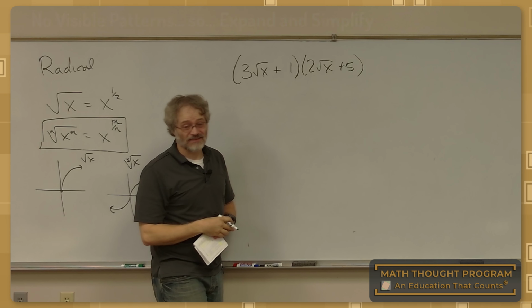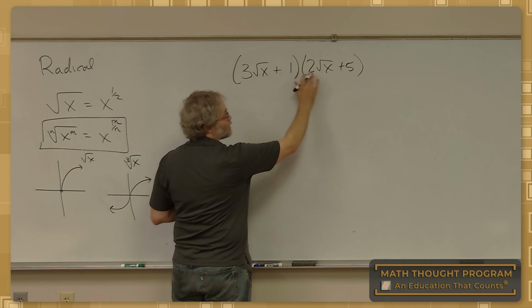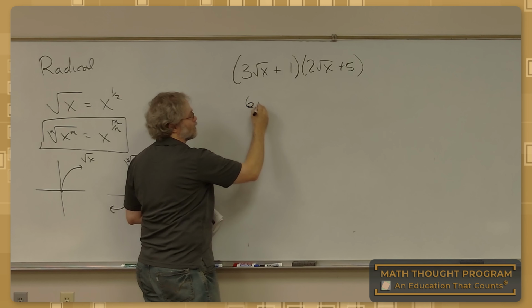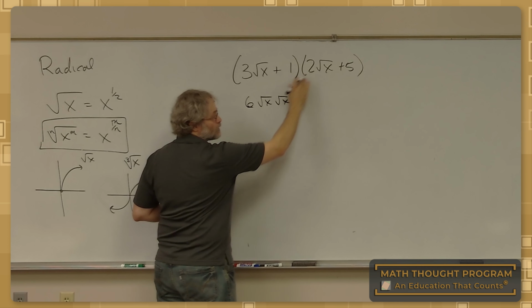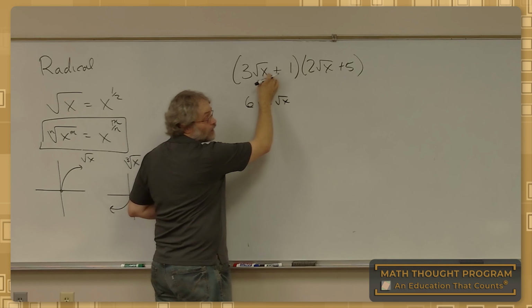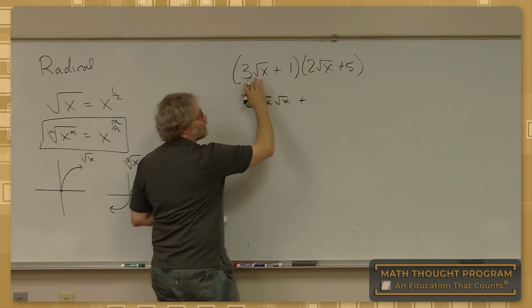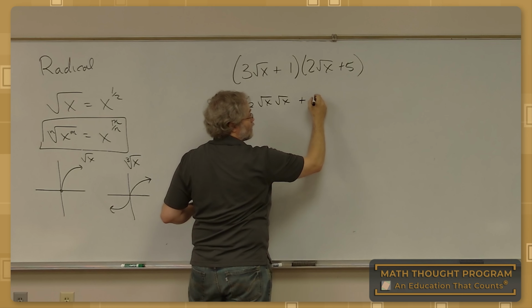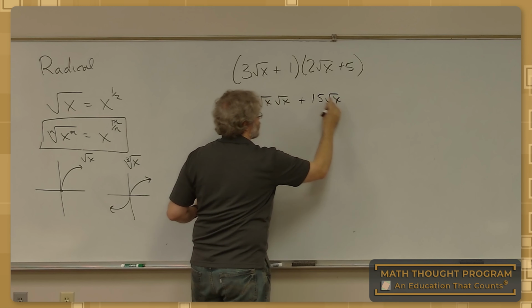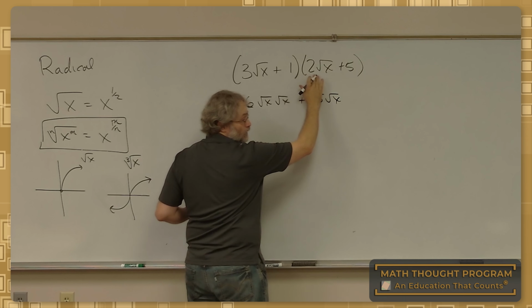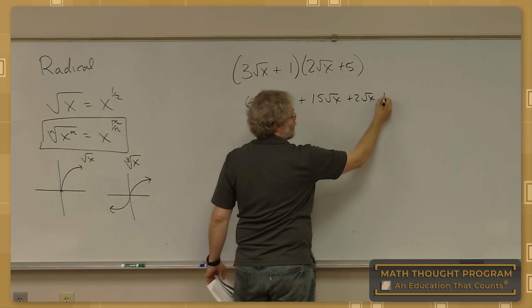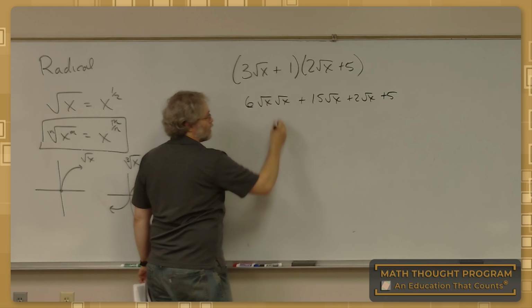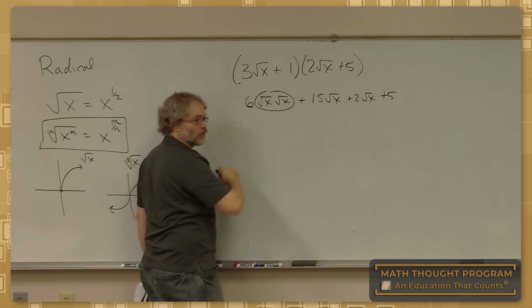Not at first. So I'm going to have this piece times this piece. So 3 times 2, 6. Root x times root x. 5. 1 and the 2. And the 1 and the 5. And this piece here, of course, we can reduce this down.